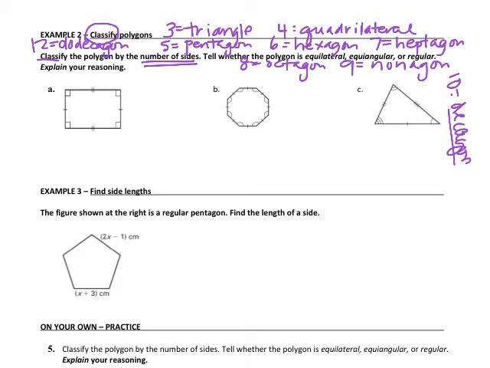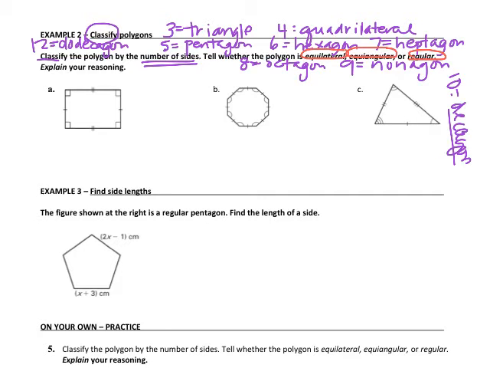So the directions here say classify the polygon by the number of sides and tell whether the polygon is equilateral, equiangular, or regular. Now remember, equilateral just means the length of the sides is the same. An equiangular polygon has all angles the same measure, or congruent.